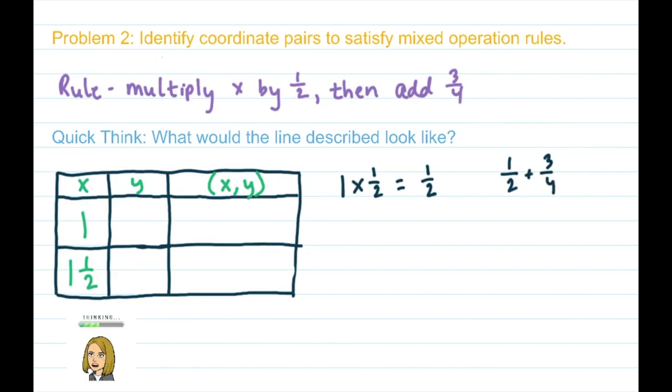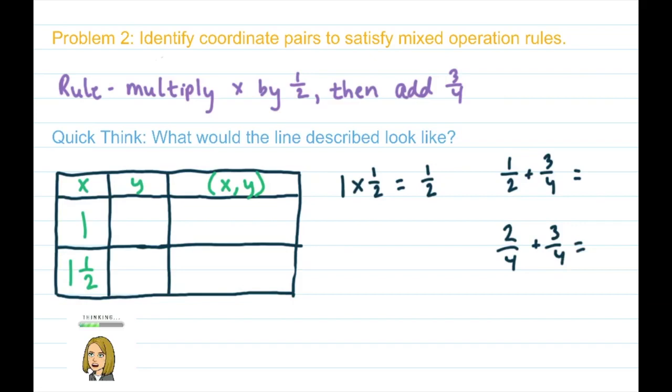If I can make a connection back to Module 3, I know that I need to have like units in order to add fractions. So I would need to make 1/2 into an equivalent fraction with fourths. Well, knowing that 1/2 is 2/4, I could change that to 2/4 and then add 3/4.